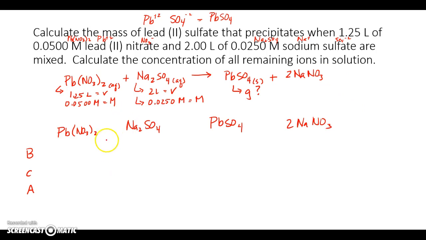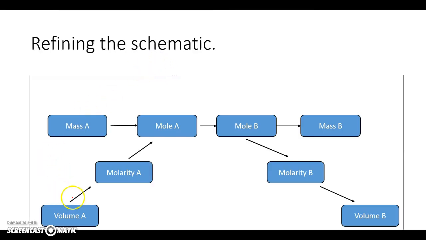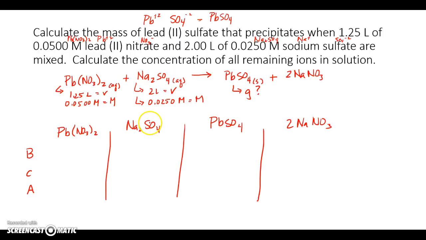Okay, so let's create these lines. As I said, it only allows you to use moles. Can I get from these liters into moles? And if I look at my schematic over here, if I have a volume, using the molarity, I can get to the moles. So we'll follow this path for both of those reactants.